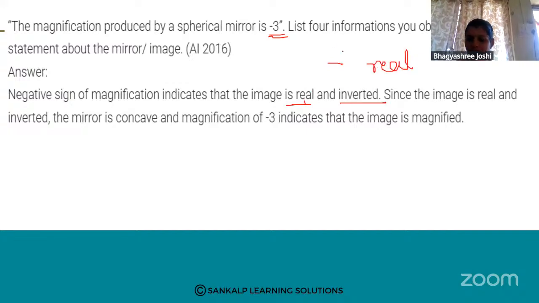Remember, when magnification is negative, then it is real and inverted. This is very, very important. Since the image is real and inverted, the mirror is a concave mirror. So if you get a negative sign, then it is a concave mirror. In a concave mirror, you will get a real and inverted image. And magnification of -3 indicates that the image is magnified, right?